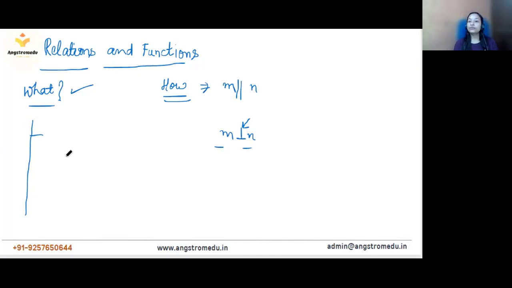For a relation, I need to have two objects and one property which relates the two objects. This is how math has made this relation a precise thing. We need two objects and one property. That's how we are going to define a relation.